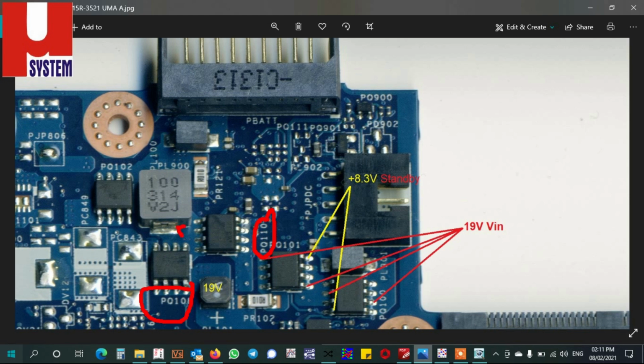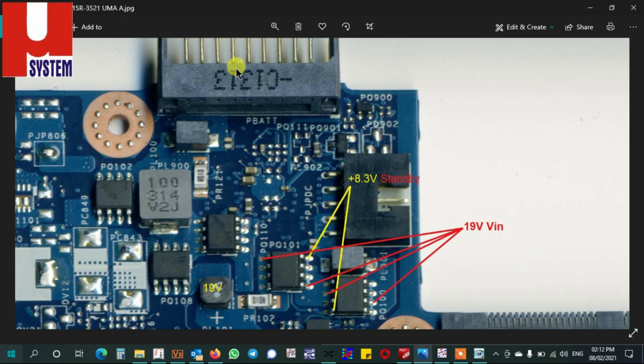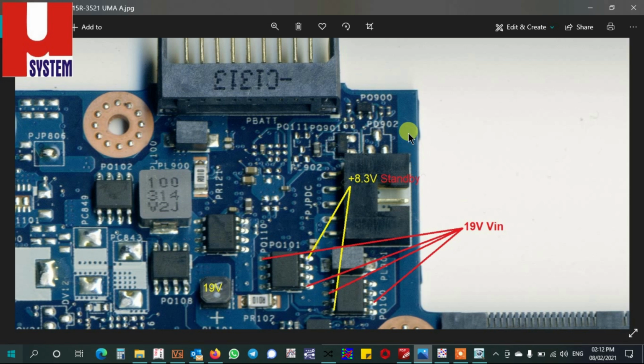This is the drain point and this is the source point. In between these two, it's showing me 0 ohms. 0 ohms means that this MOSFET is short, or some other component related with this circuit is also getting short. So we'll check again another side of this motherboard.